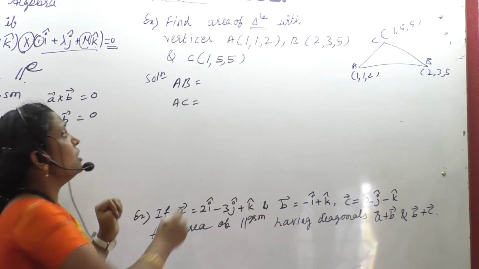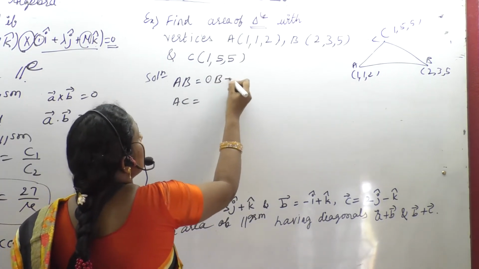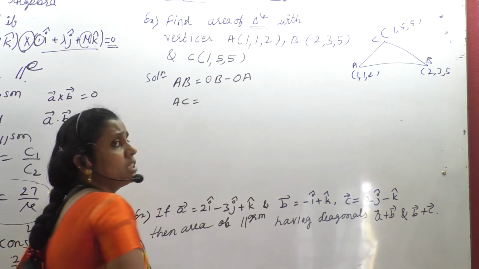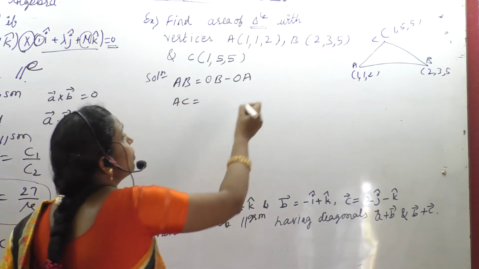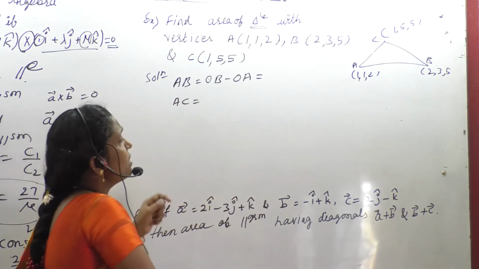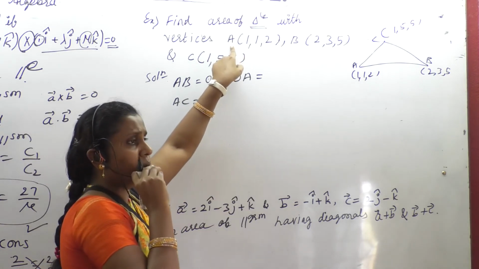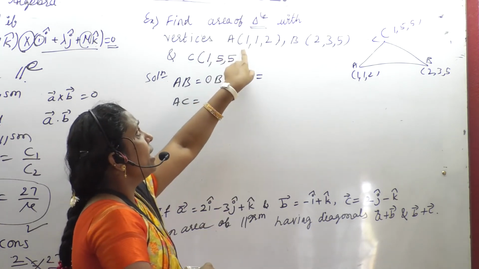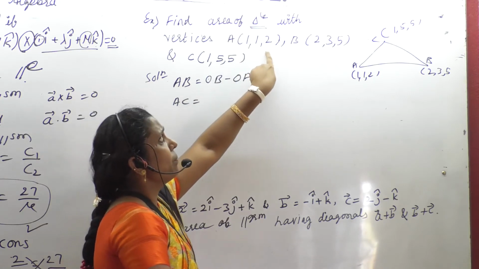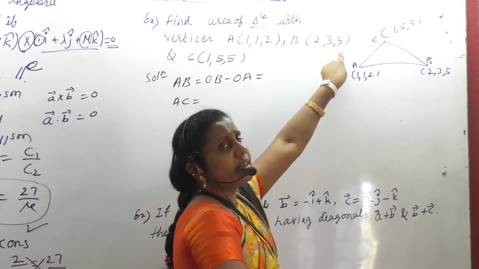AB means OB minus OA. Do you remember? These are position vectors, and we were checking OB and OA. First you have to find A, given the vertices: OA is 1i plus 1j plus 2k, and OB is 2i, 3j, 5k, with plus signs in between.